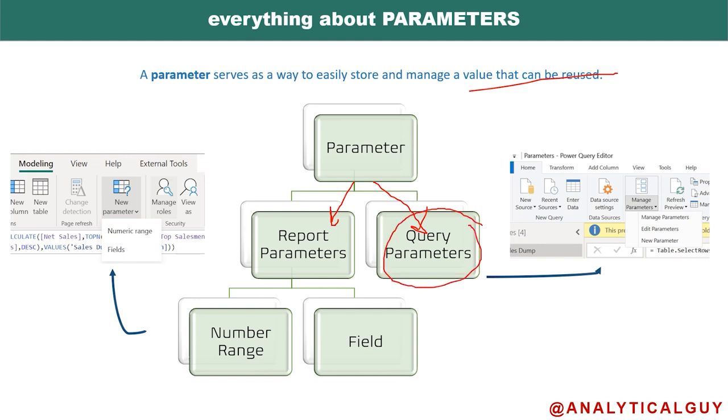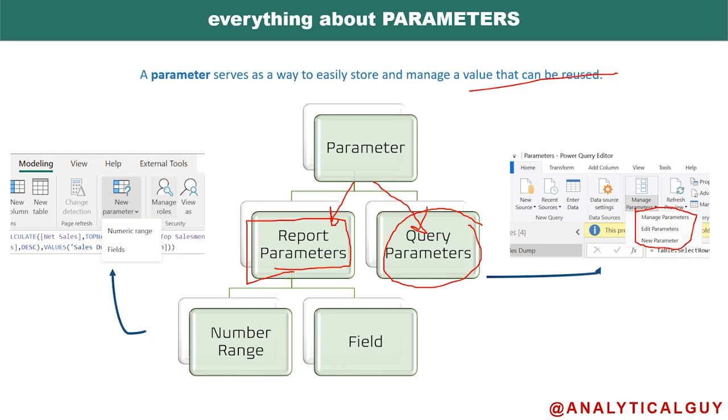If you go to Power Query, you can create various parameters and you can modify your data according to that parameter. I will walk you through how to use the parameters and what changes they make to your data. The first one is report parameters.